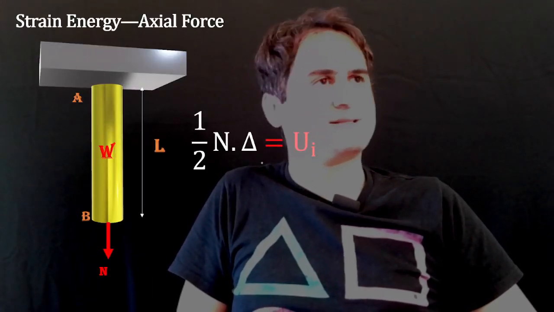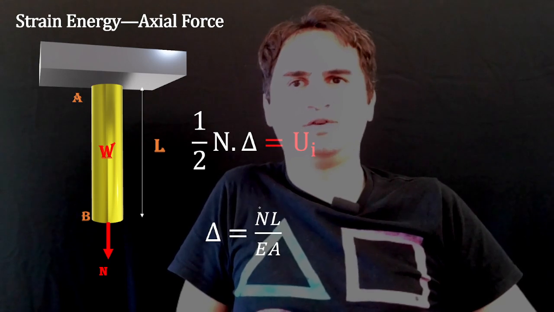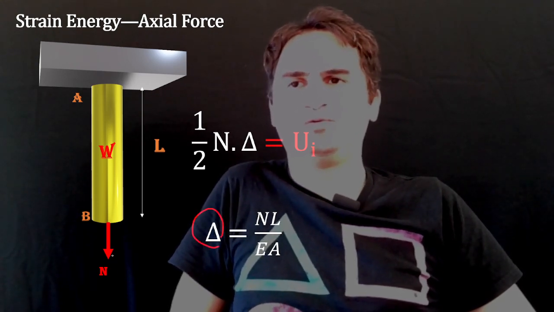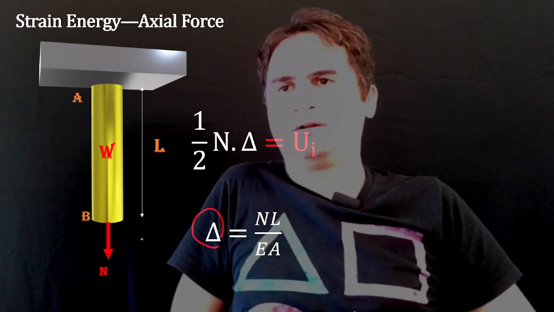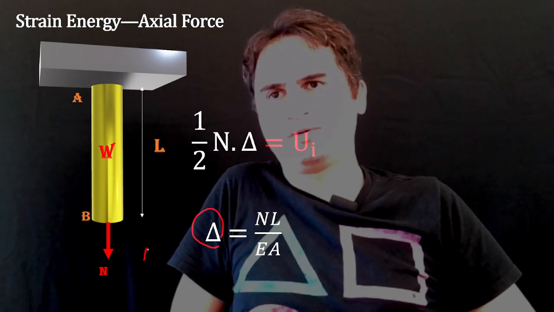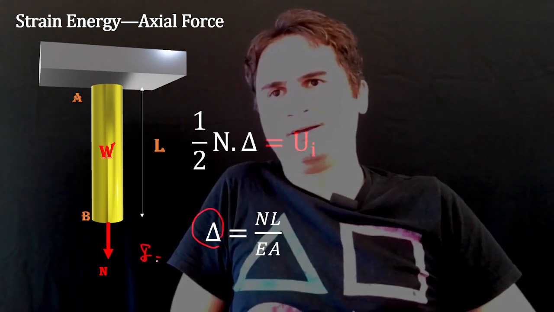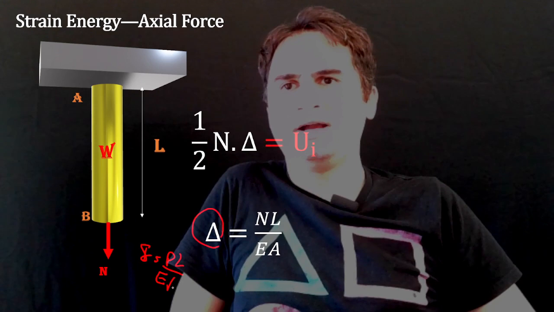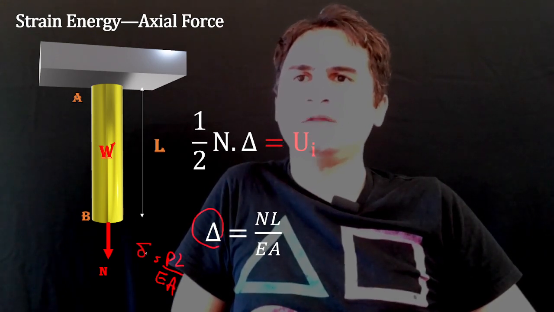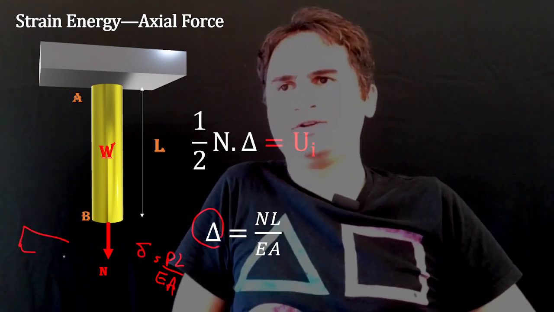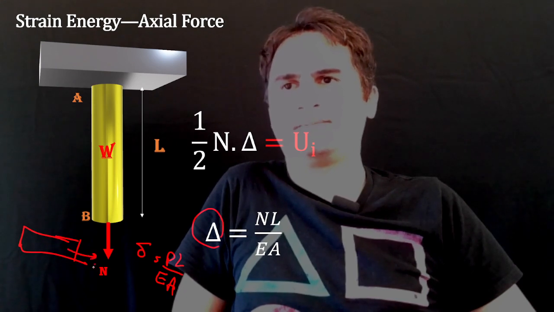From mechanics of solids, we know that delta for a tensile or compression load is PL over EA, whether it's a horizontal or vertical member, it doesn't matter.